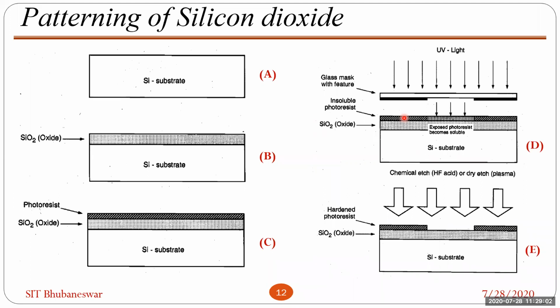It's an organic polymer actually, an acid resistant organic polymer. Once light falls, it will be soluble, if it is a positive photoresist material. Once it is soluble, it cannot give back its shape, meaning it cannot become hard again after keeping it in the dark. Once it is soluble, by using some solvents you can remove that soluble part. That is the process.